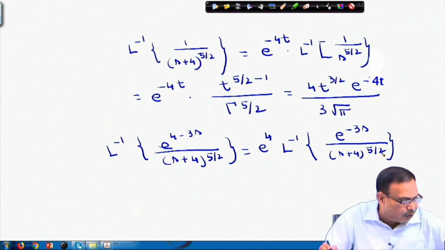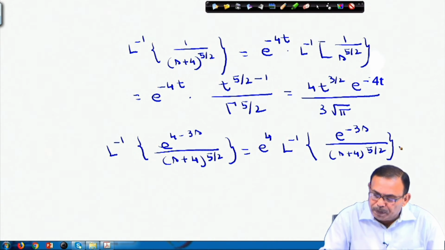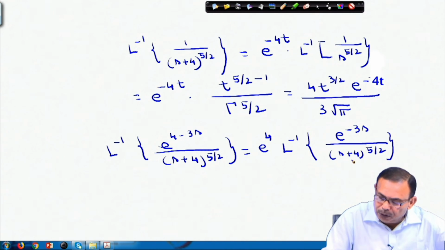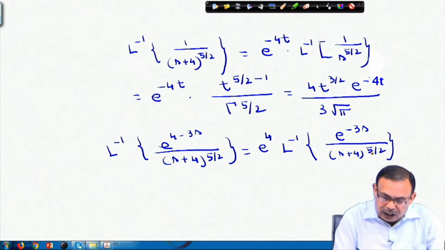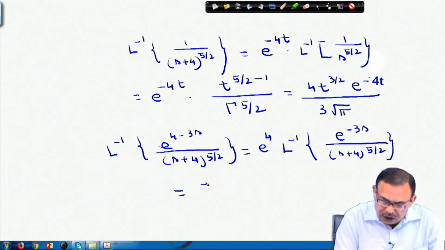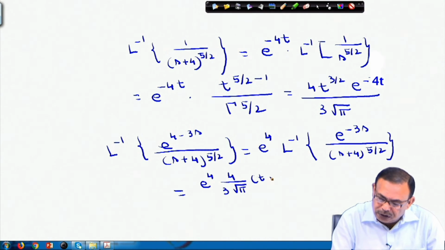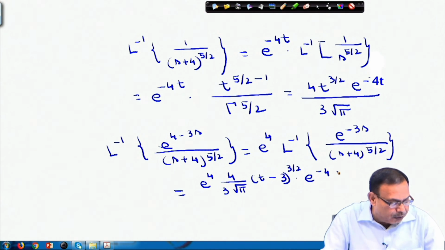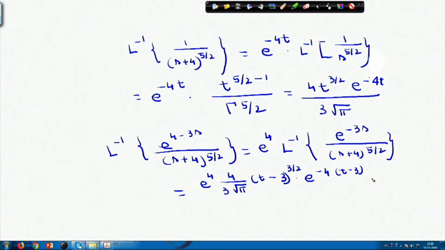I can write it as a function like this: 4 by 3 root pi into t minus 3 to the power 3 by 2 into e power minus 4 into t minus 3, whenever t is greater than 3, and it is equal to 0 otherwise.